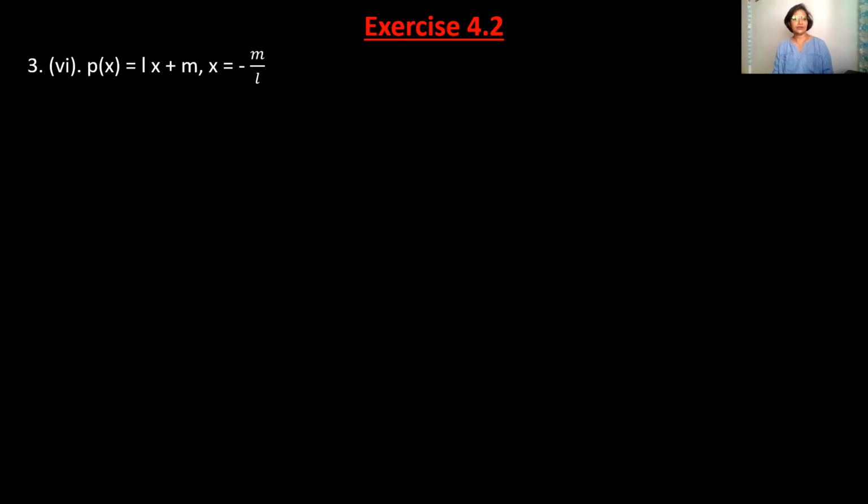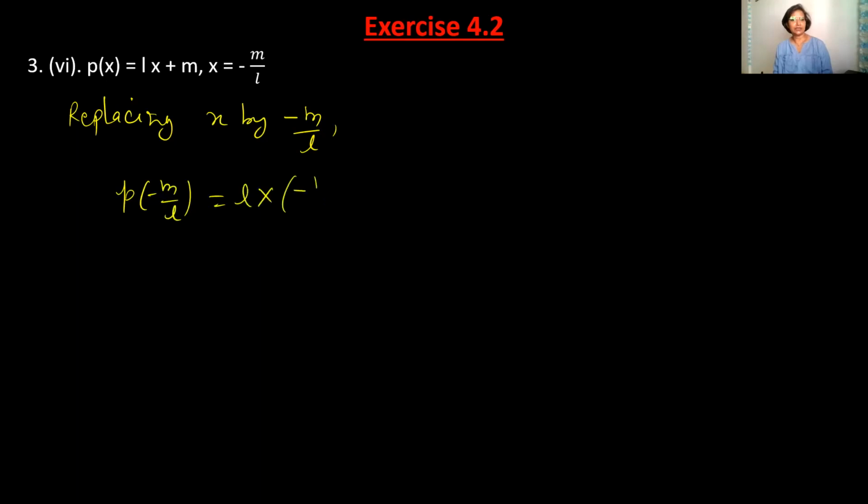Next part is P(x) equals lx plus m, where x equals minus m upon l. So what are we going to replace? We have to replace x by minus m upon l. In place of x, we will put minus m upon l. So here P(minus m upon l) equals l into minus m upon l plus m.